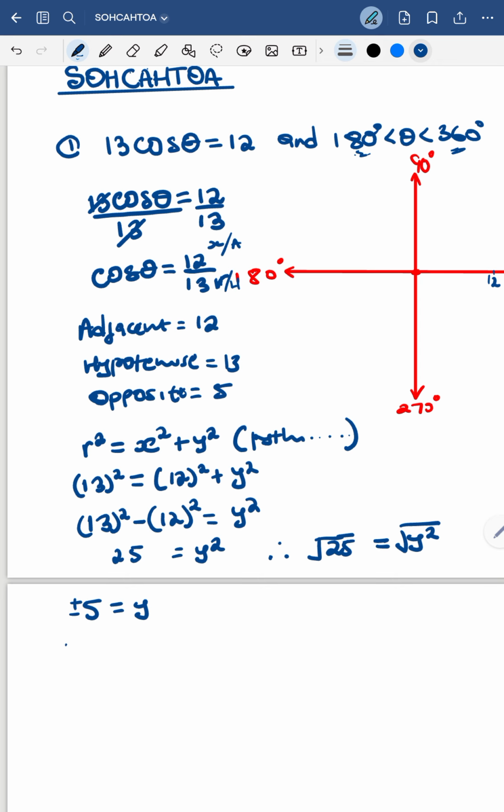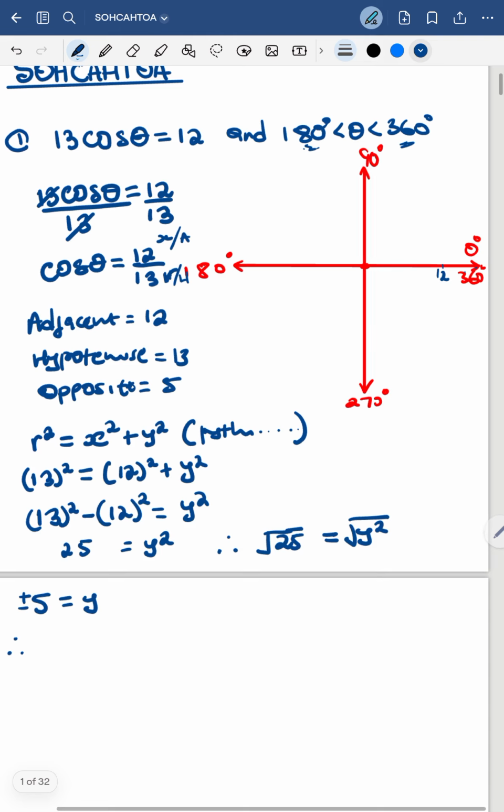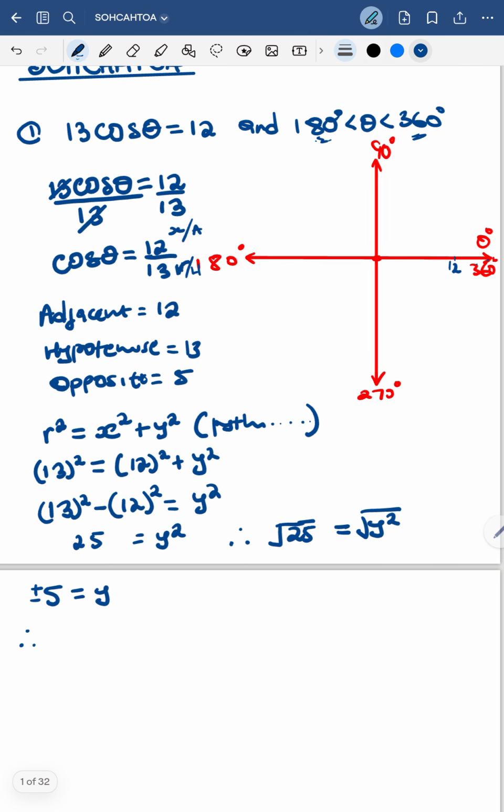Therefore, now you know that your quadrant is either third quadrant or fourth quadrant. But now you already saw that your 12 is positive. That means it's in the fourth quadrant. That means your y will be negative, right? Because it's here. That means your y will be negative 5.